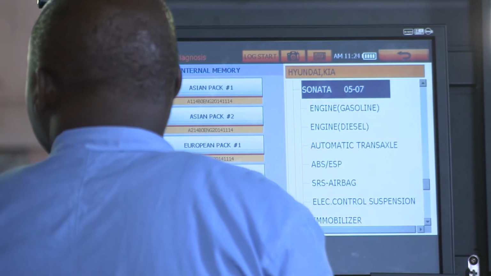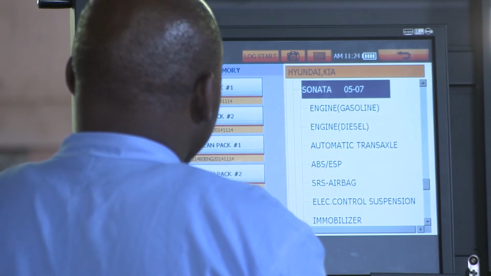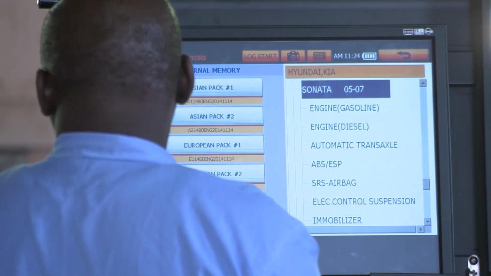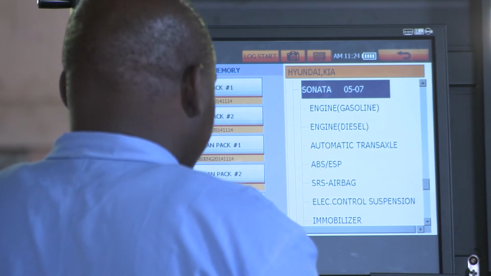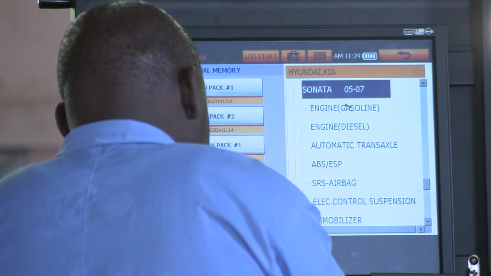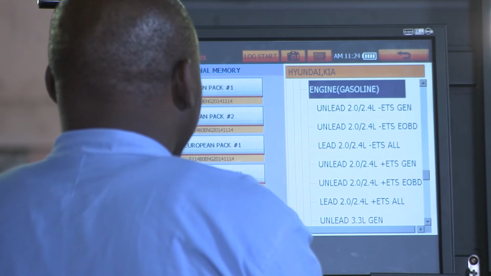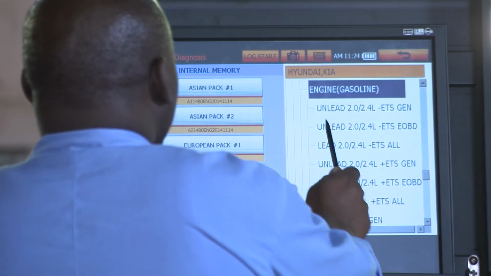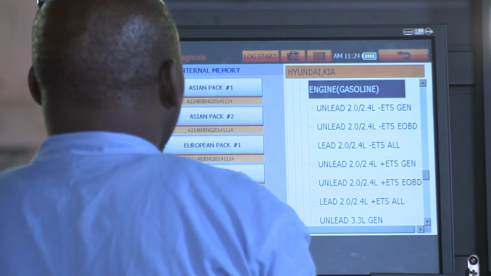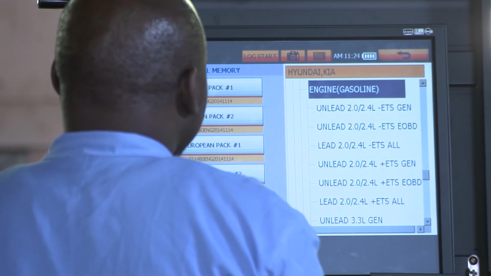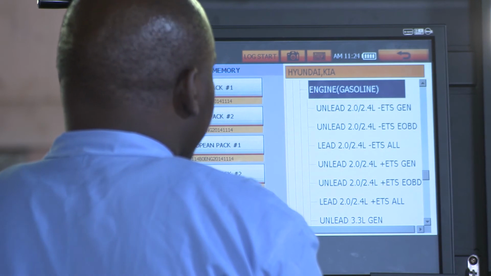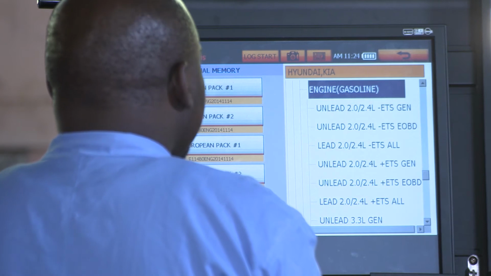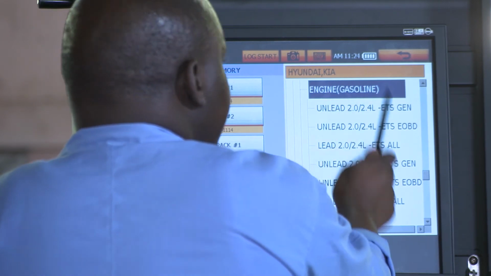The Hyundai can use gasoline fuel or diesel fuel. This one is for gasoline fuel. We choose gasoline fuel. Here we have to know which kind of gasoline, because there is gasoline with lead or unleaded.